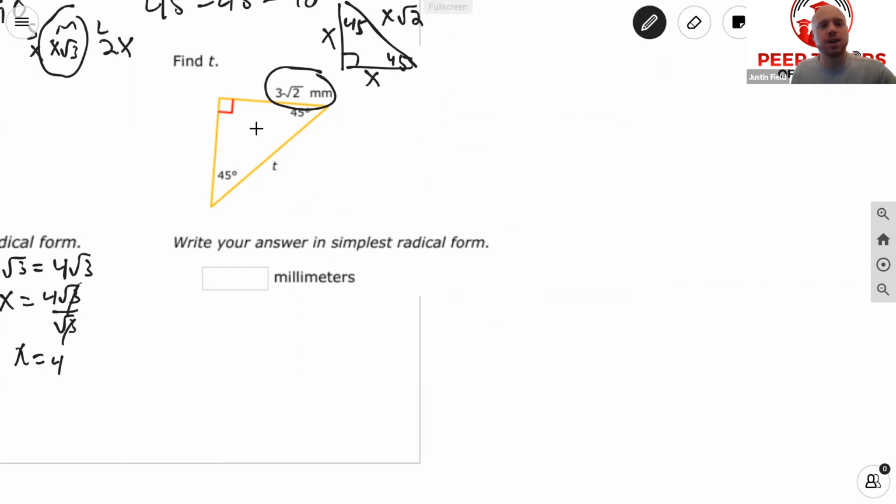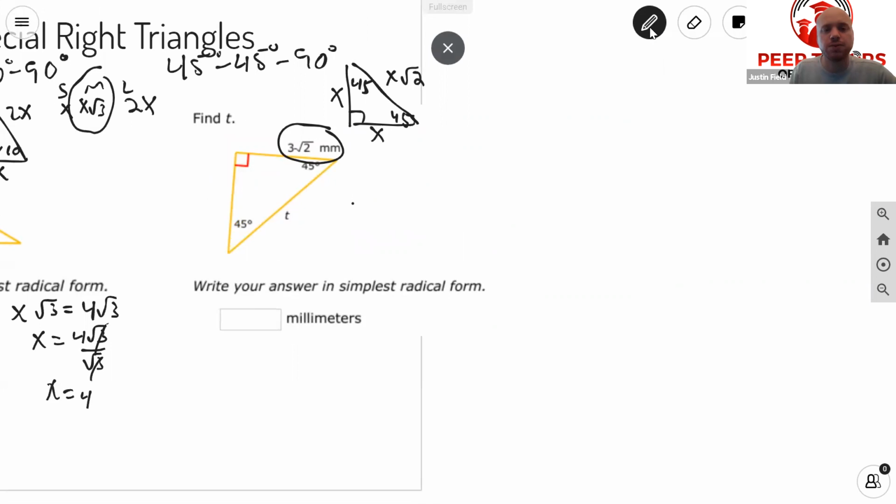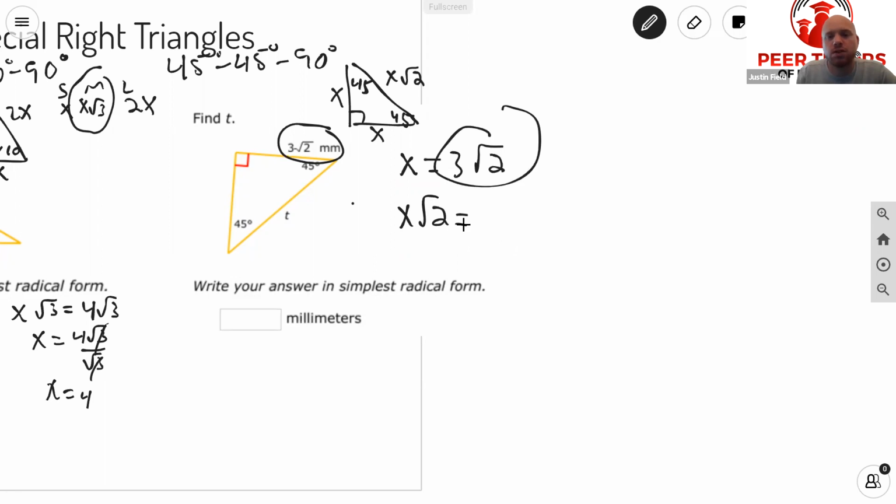So now here is what kind of a triangle? Well, this is a 45, 45, 90 triangle. I can see those two 45s. And I know the leg is x. So x equals 3 root 2. And so the hypotenuse is x root 2. So, okay, well, I already know x. So x is 3 root 2.